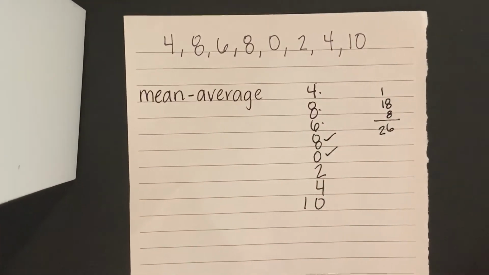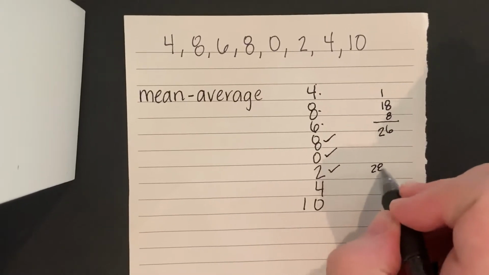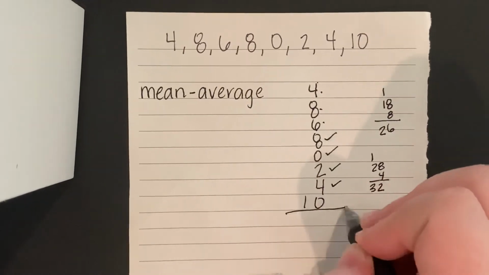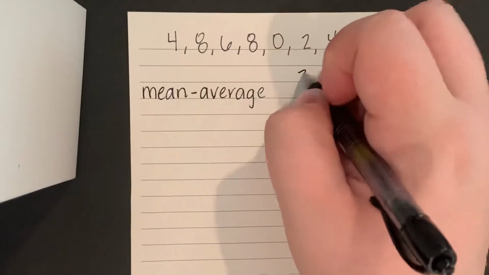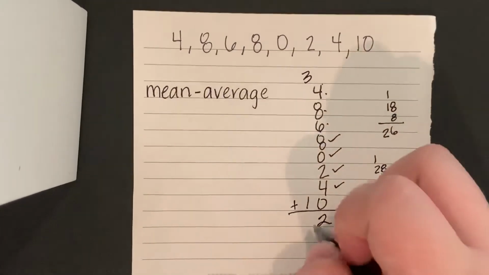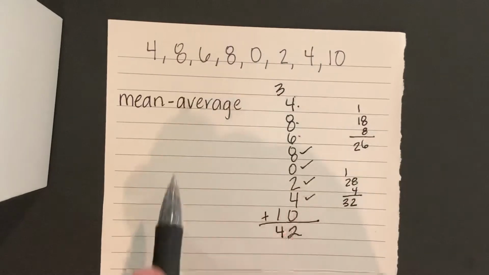Plus 0 is 26. Plus 2 is 28. 28 and 4. There's 32. Carry my 3. 3 plus 1 is 4. So I've got 42 is my total of all my numbers added up.